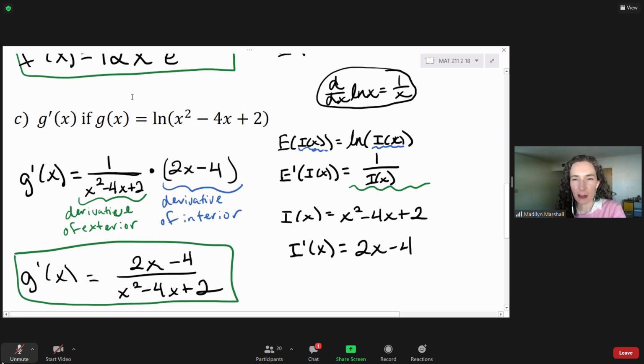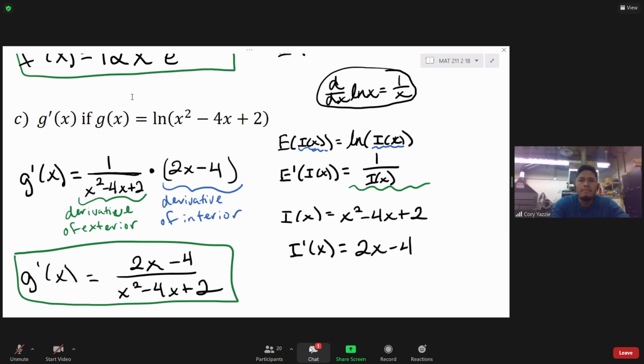Any questions about this one? Or any other comment? Real quick, I put 2x over x squared minus 4x plus 2, and then off to the side I put the minus 4. I don't know why, but it seems right too.